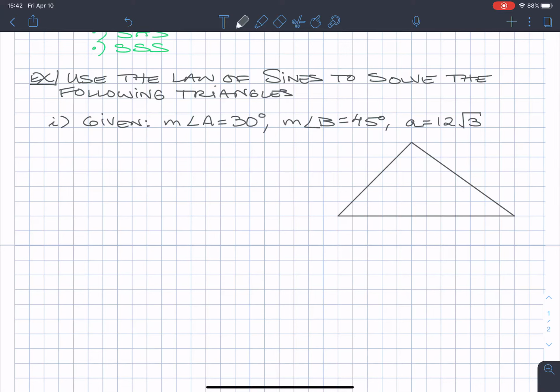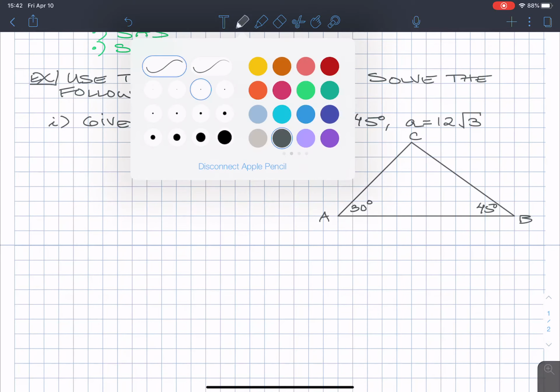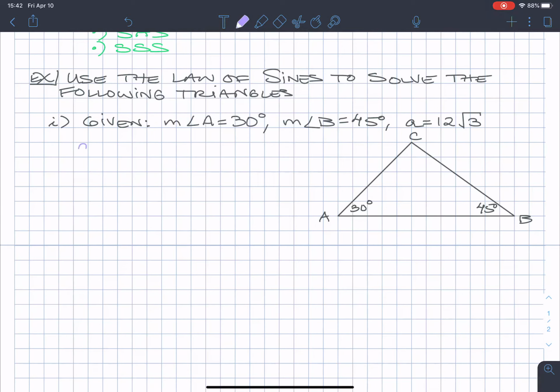So let's call this A, B, and C. I'm given that the measure of angle A is 30 degrees and the measure of angle B is 45 degrees, so it should be easy to find the measure of angle C. The measure of angle C will be 180 degrees minus 30 minus 45, which turns out to be 105 degrees. So this is 105 degrees. Let me write that a bit better.